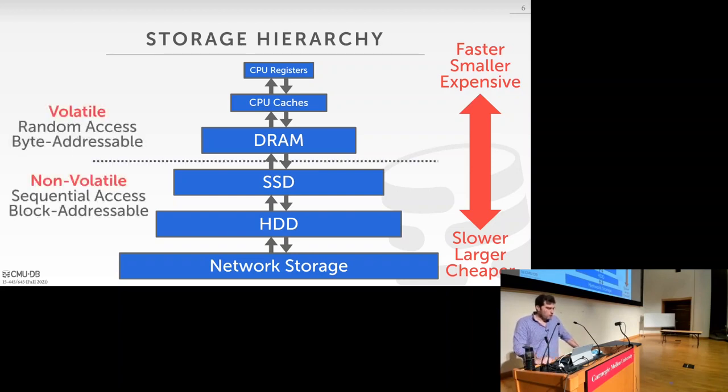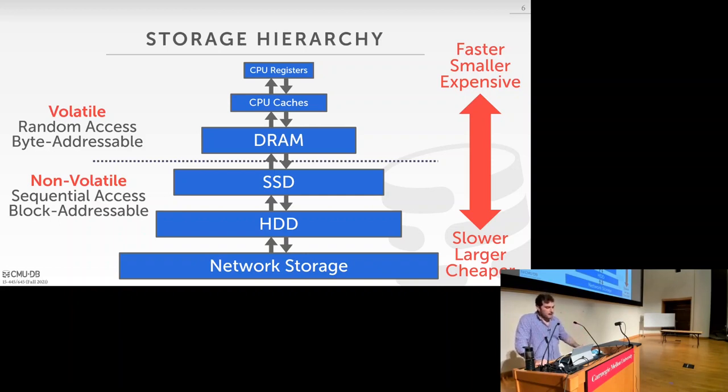So the important distinction that we're going to make in the course is between volatile and non-volatile storage. With volatile storage, you typically can access data randomly, and it's byte addressable. But the problem is that if you remove the power source, so if you trip on the plug and it gets unplugged, or the power goes out, or for whatever reason the system crashes, you're going to lose all of the data that you have sitting in your volatile storage.